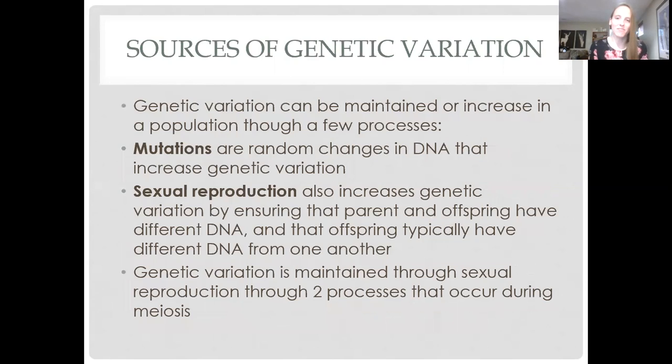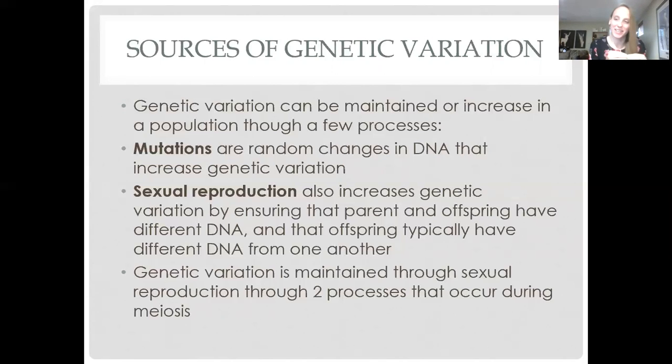So some sources of genetic variation, some ways that we get more genes into our population. One is through mutations, which are just random changes in the DNA. And another is sexual reproduction. You have more genetic variation because you have a mixture of DNA from two different people coming together.